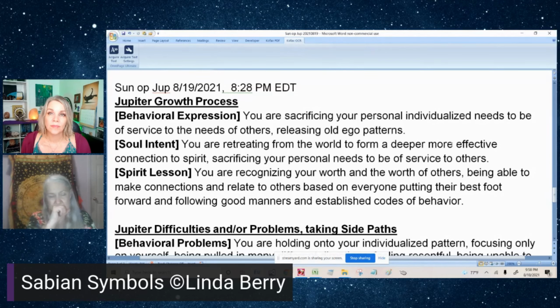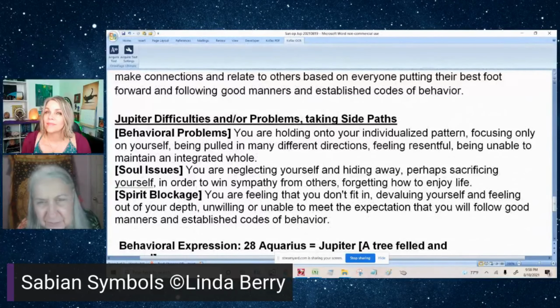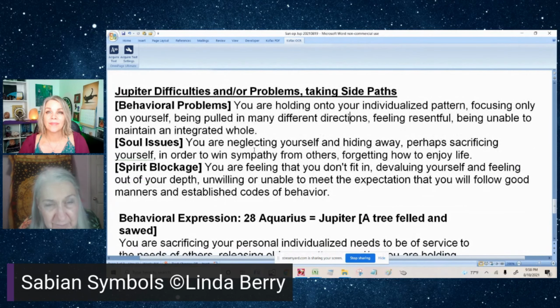That's really interesting. Now, the spirit lesson is for you to learn to recognize your worth and the worth of others, to be able to make connections and relate to others based on everyone putting their best foot forward and relating to each other in positive ways. Now, the difficulties are if you hold too much on to yourself and what's good for you and feel resentful about what you don't get, it's harder to become part of everything that's going on around you.